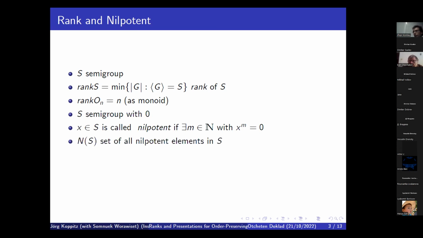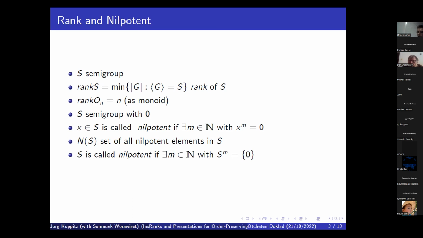By N(S), we denote the set of all nilpotent elements in S. Of course, not each element in S must be nilpotent, but we call a semigroup nilpotent if we find a natural number m such that S^m, that means all m-fold products of S, gives one element, namely the 0.